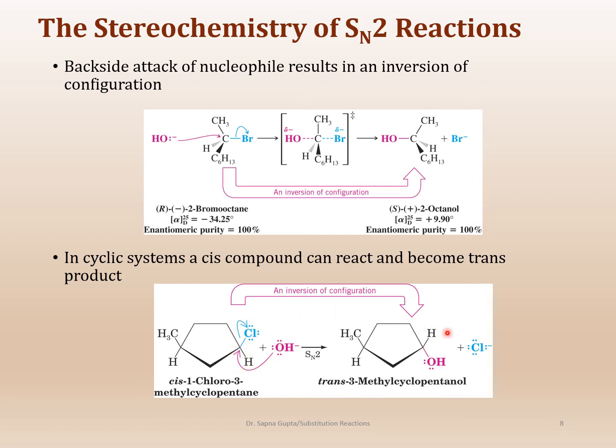Chlorine is leaving, so now hydroxide is attached to the backside and the hydrogen had to flip over. So you started with something that was cis and now it is trans in the product. That also is an inversion of stereochemistry. This is an important characteristic of an SN2 reaction.